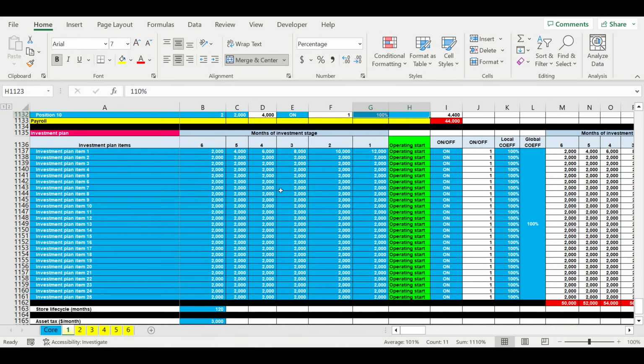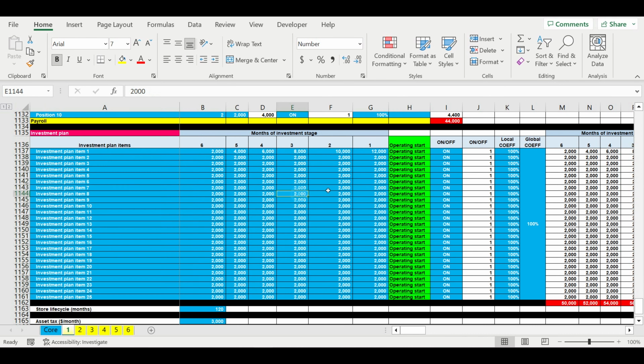Then we move to the investment plan. Here we specify what we are investing in. This is the moment when the store starts its operating activity, and here is 6 months prior to this moment. Inside this 6 month period, we allocate how much we are investing and what we are investing in.